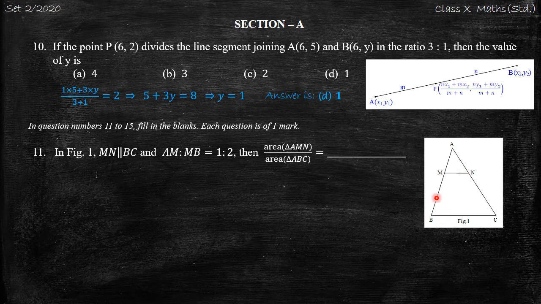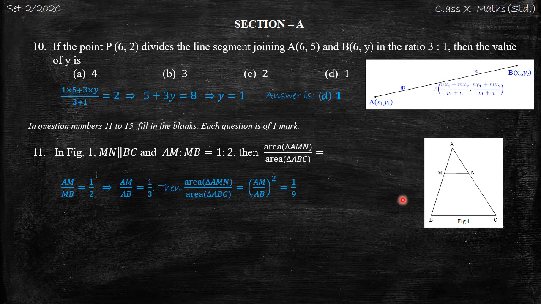Since MN is parallel to BC, these two triangles AMN and ABC are similar, so the sides are proportional. Since AM to MB is given as 1:2, AM to AB is 1:3, and the ratio of the areas of the triangles is equal to the square of the ratio of the sides. So it is the square of 1/3, which is 1/9.